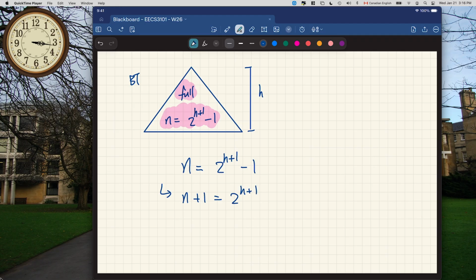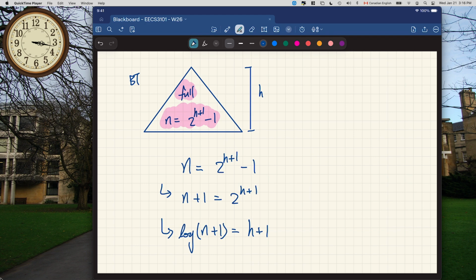And then how can we get rid of the base 2? You take the log. So over here, I can say log base 2 of n plus 1 equals h plus 1. Of course, with the assumption that n plus 1, when you take the log, will give you an integer number.